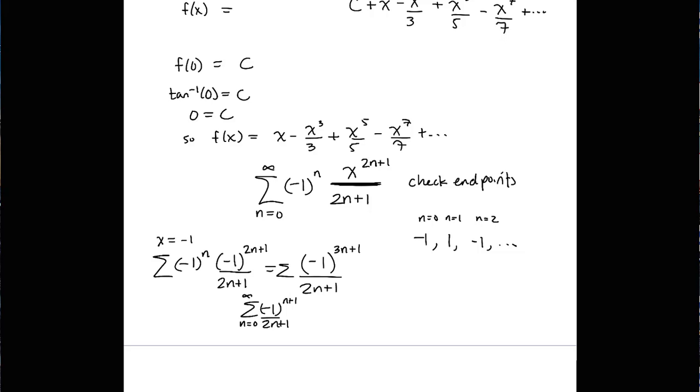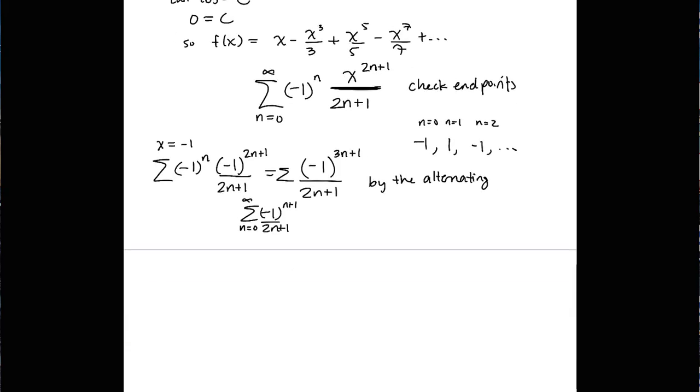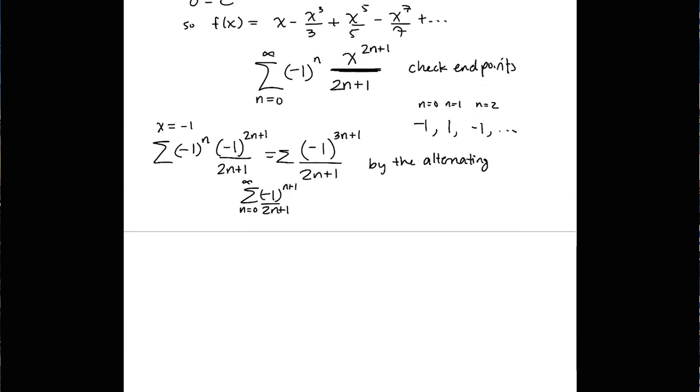Yeah. And noticing that by the alternating series test, we have an alternating series, so we can apply our alternating series test if we note that 0 is less than or equal to 1 over 2n plus 1, which is less than or equal to 1 over 2n plus 3.